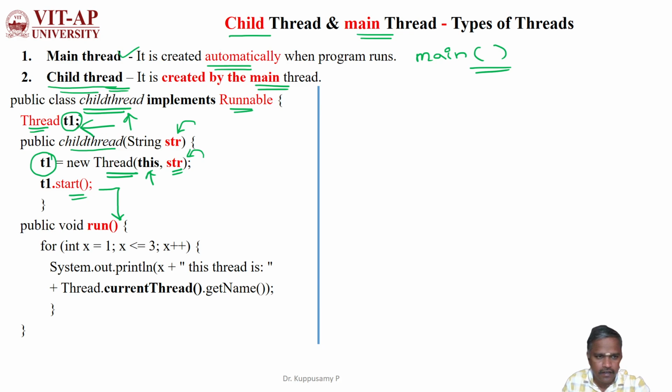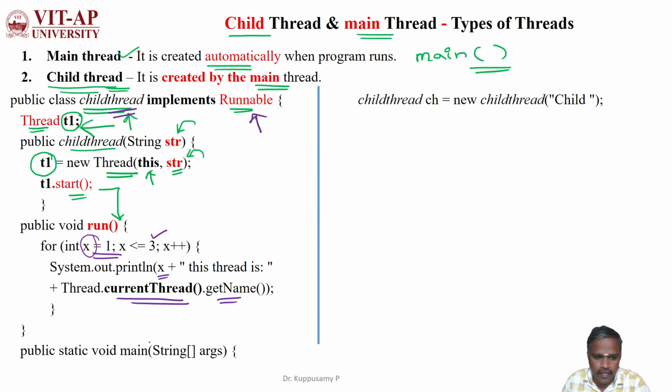Here ChildThread is the class, which is available in the program by implementing the Runnable interface. Then the run method is executing 3 times. It is just displaying the value of x and the currently running thread and its name. So here the main method is defined inside the ChildThread itself.